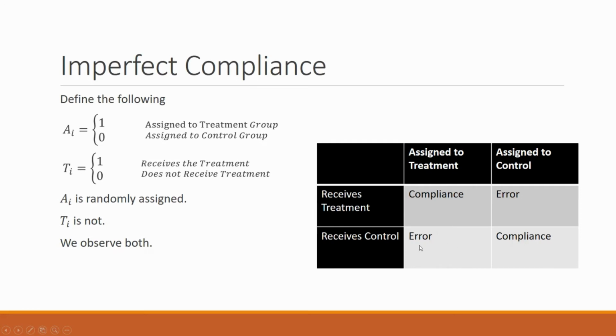So in this case, they do not receive the treatment. In that case, there would be an error. There would be imperfect compliance. There are people that are supposed to receive the textbook that did not receive the textbook. Likewise, we have people that are assigned to the control, so a equals 0.